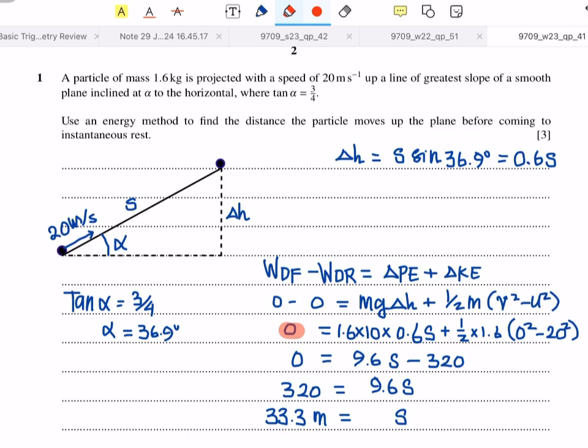So 0 is equal to 1.6 times 10 times 0.6 S, and then the change in kinetic energy is half times 1.6 times (0 squared minus 20 squared). So 0 is equal to 9.6 S minus 320. So S will be 33.3 meters.